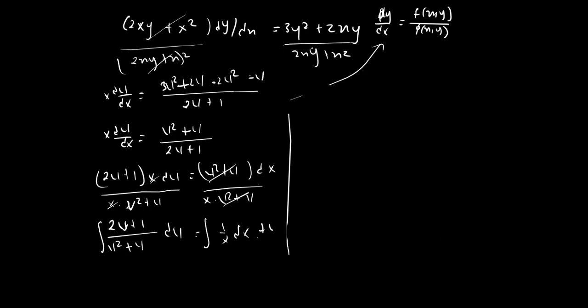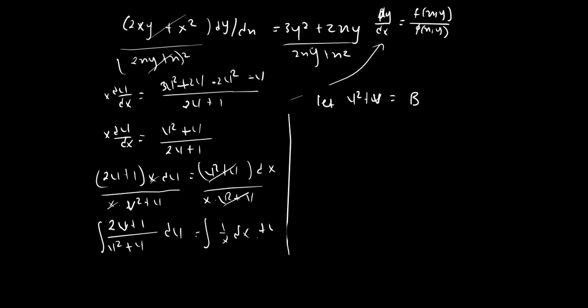Alright, so now we can solve this question. So we have (2v plus 1) over (v squared plus v). Now what we're going to do in this one is, because we have this over, we're going to be using integration by substitution. I'm working on the left hand side now, so we're going to say let v squared plus v equal b.